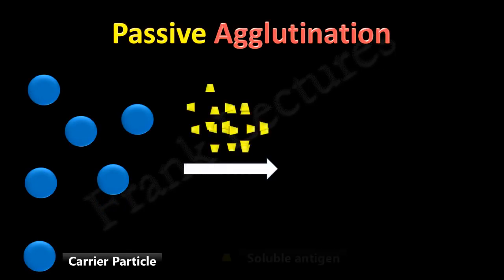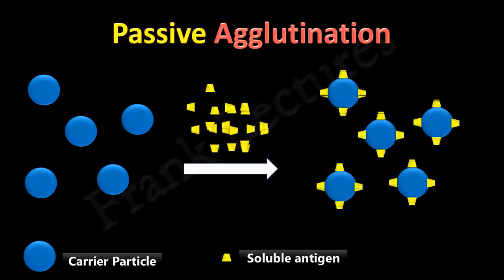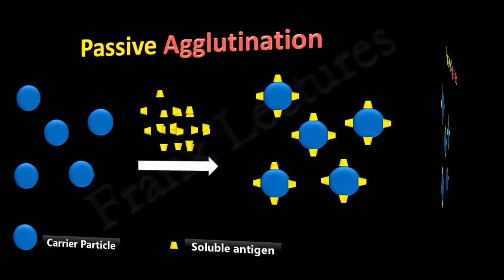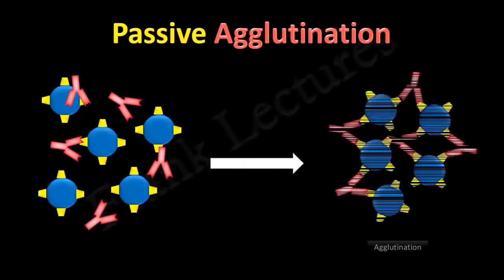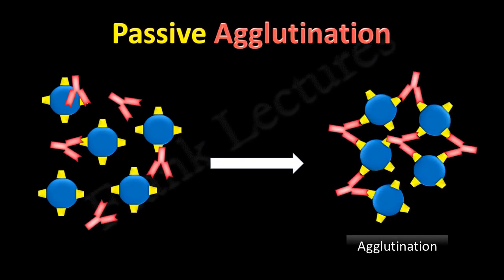The antigens of interest such as soluble antigens are chemically fixed to them. Once carrier particles are coated with antigens of interest, the antibodies specific to these antigens are added. These antibodies react with the antigens and particles agglutinate with one another.